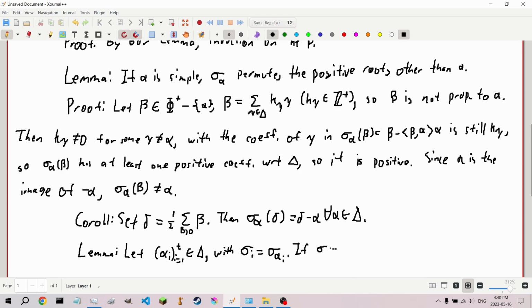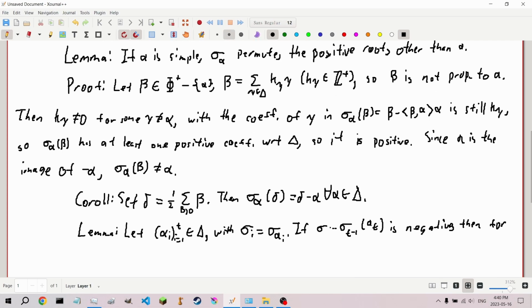If the composition of all these, up to the last one, alpha t, is negative, then for some index s, between 1 and t, the composition of sigma 1 through sigma t is the composition of sigma 1 up until sigma t, but skipping over sigma s.